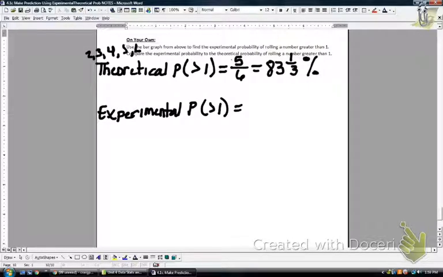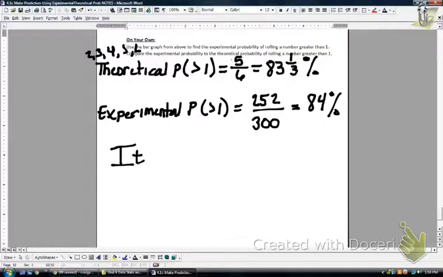Alright, you should check that on a calculator. Then the experimental probability, you're going to add those numbers up from your bar graph. And when you do that, you should get 252 out of 300. 252 divided by 300 is 84%. So theoretical probability and experimental probability, they are both very close, as they should be.